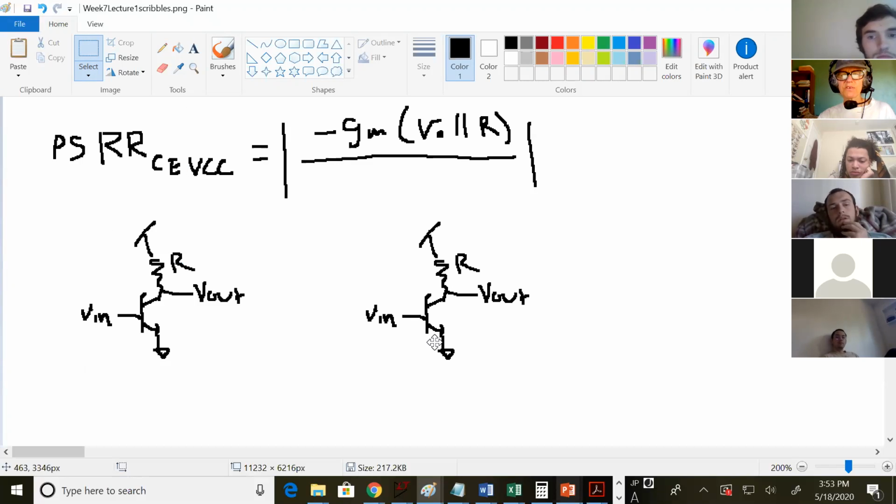How do I prepare this circuit to observe the gain from VCC, since I'm going from VCC now? Weird way to ask the question, but bias VN. You don't want VN moving anymore, so change that to V bias.